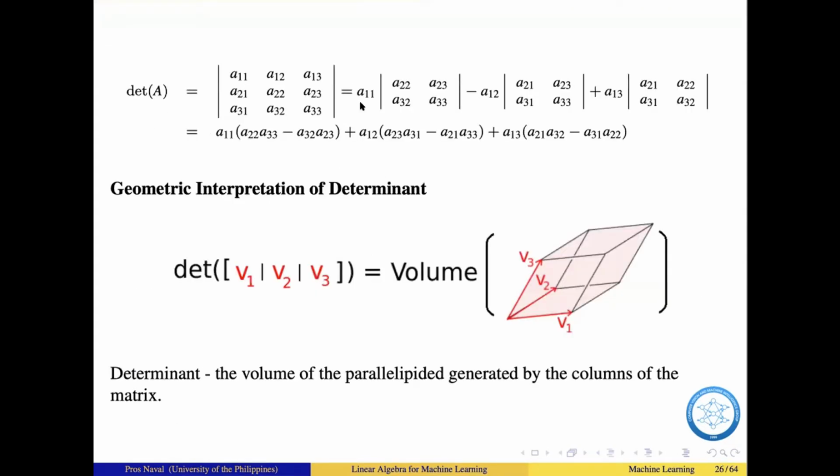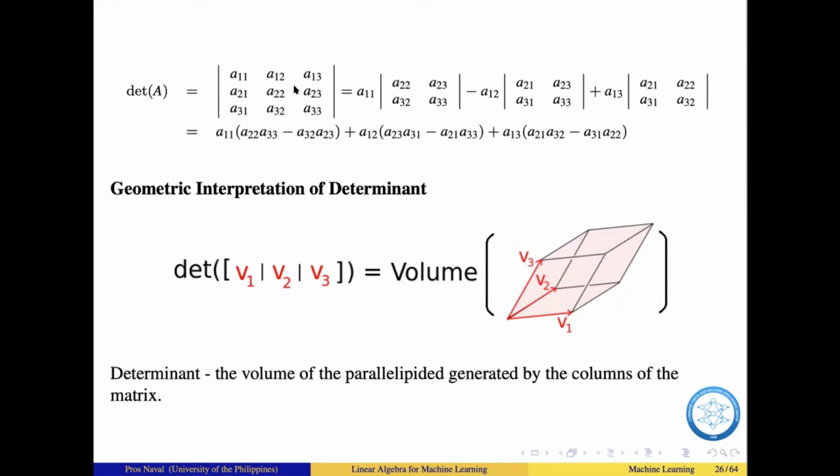So we know how to compute the determinant for a 3 by 3 matrix. We compute this using the Laplace expansion or cofactor expansion that we have learned in our algebra course.